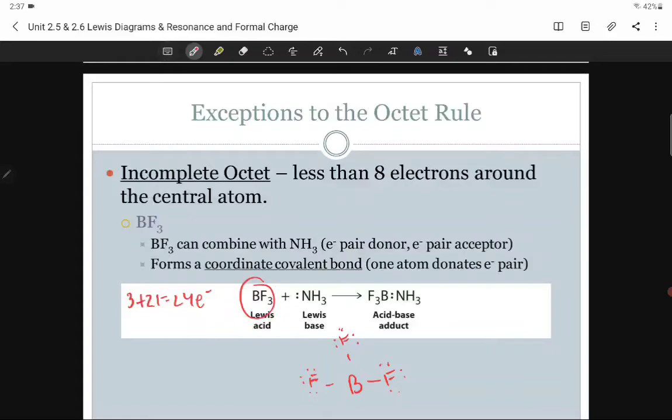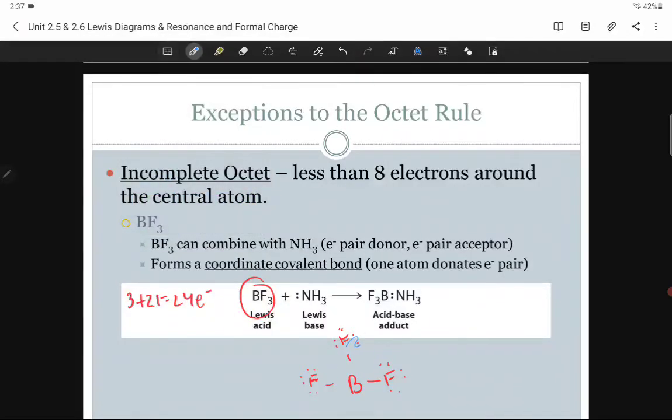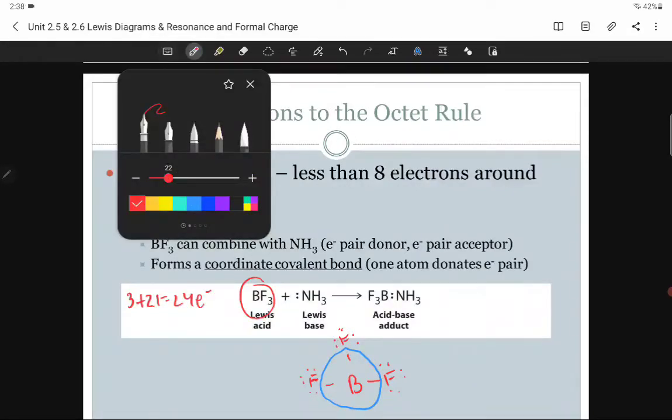So there's 24 dots. It doesn't appear, no matter how you want to do this, that there's any way you're going to be able to get boron to have enough electrons. Okay? So that's just the breaks.